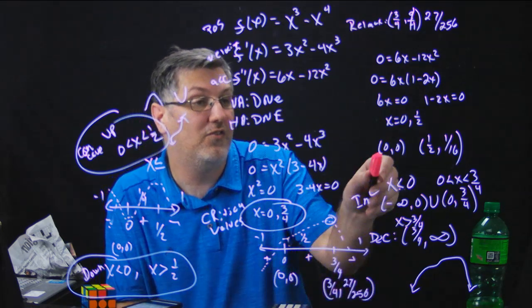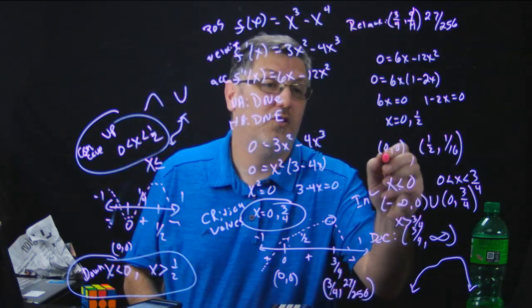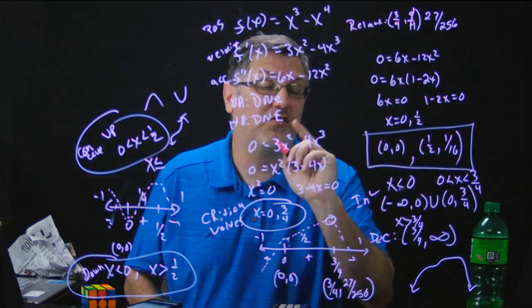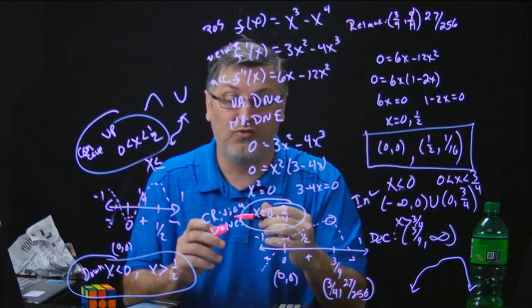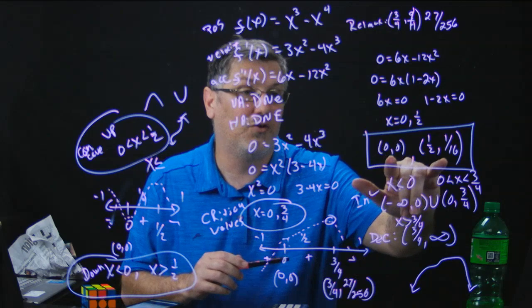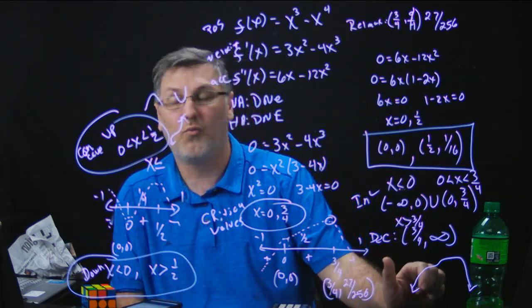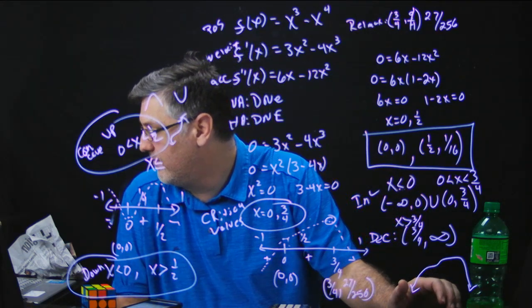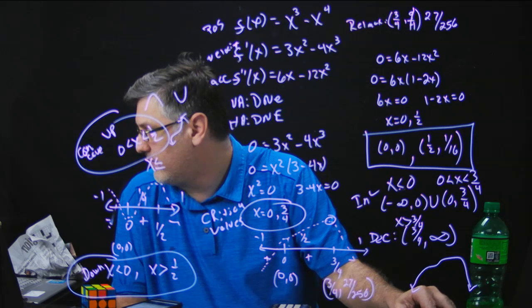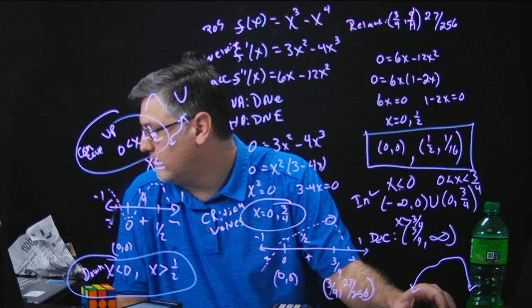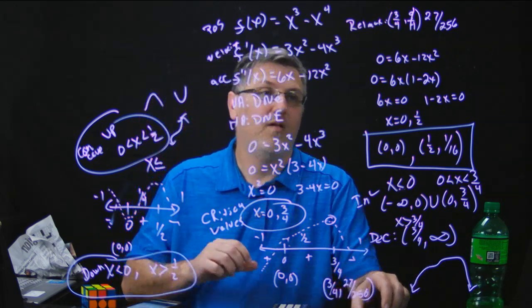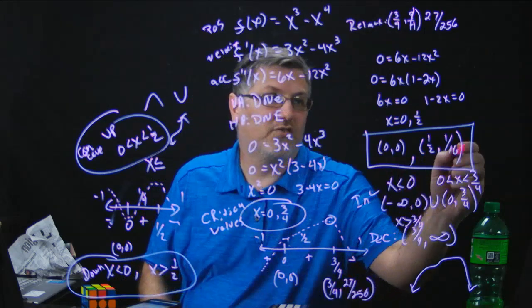So you would type in 0, 0. You would type this in for your inflection points because it says points, not x values. So the inflection points, which has to have a point by definition, has an x and y component. You need to put both of them in. So these are your inflection points.